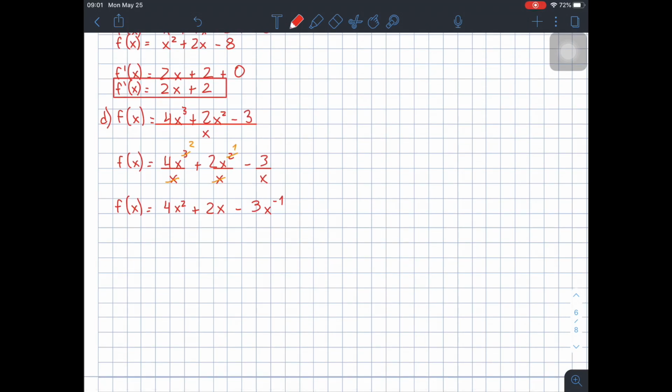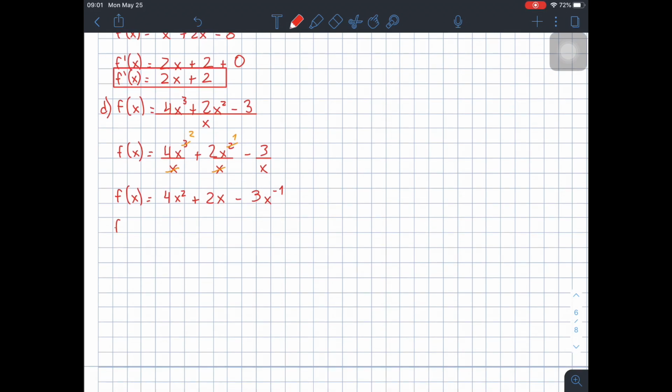If I want to find f prime of x, this would be equal to the derivative of 4x squared. That would be 4 times 2, that's 8 times x to the power of 1, right? There's no need to write to the power of 1, so you could leave it like that or just erase the power of 1.